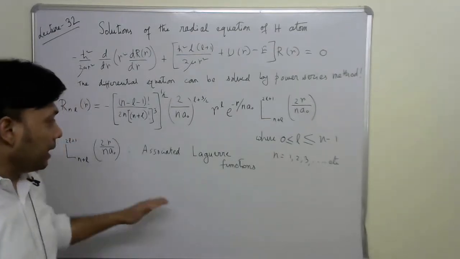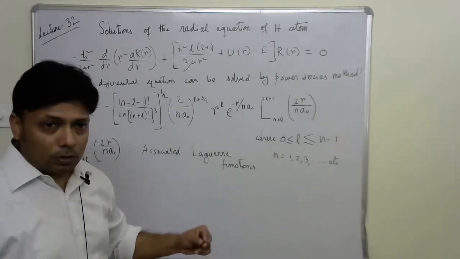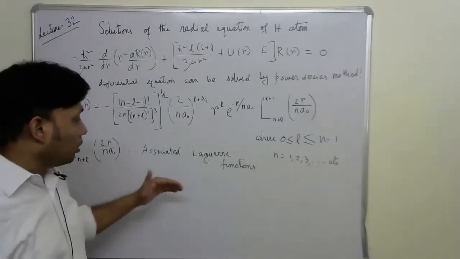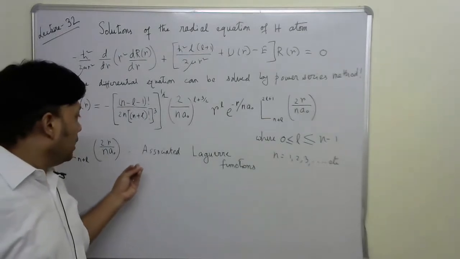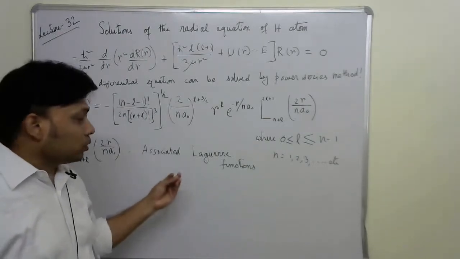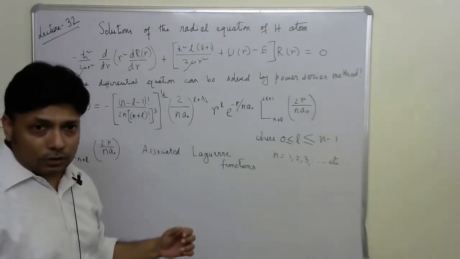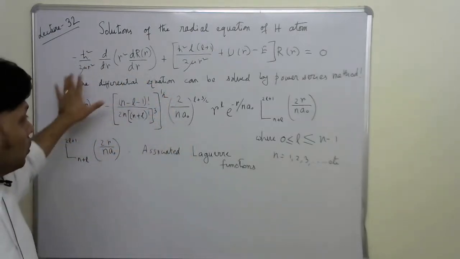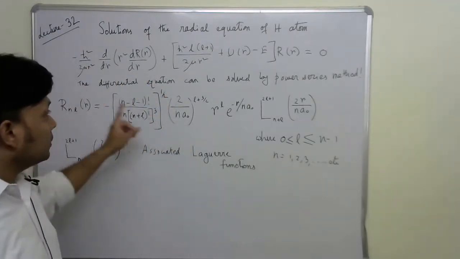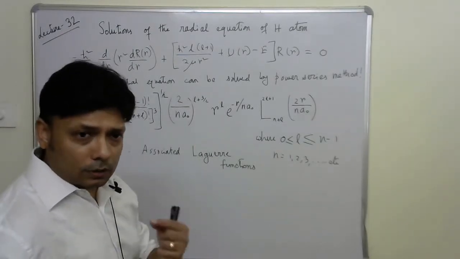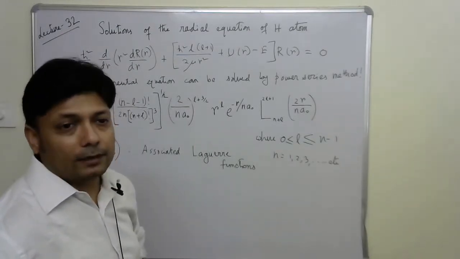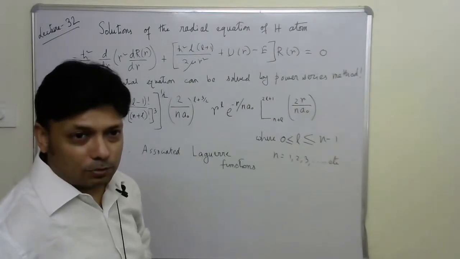Like last time, let's take a look at the first few expressions of the associated Laguerre functions. I am going to clean the board and write the first few associated Laguerre functions with the lower values of n and l.